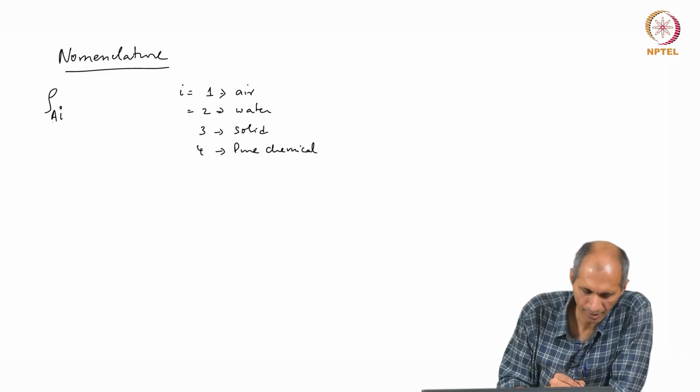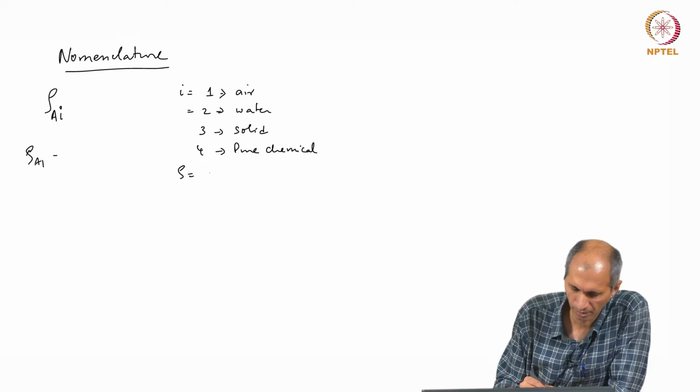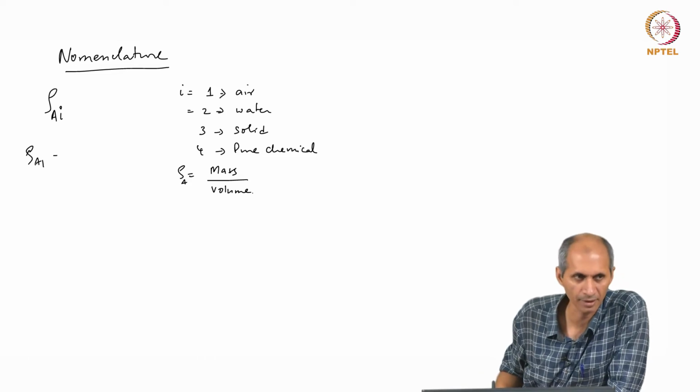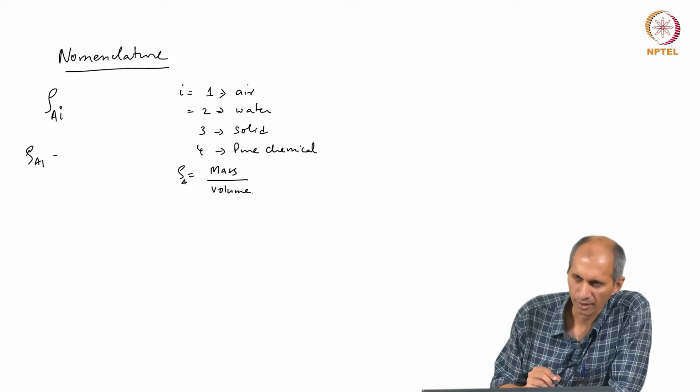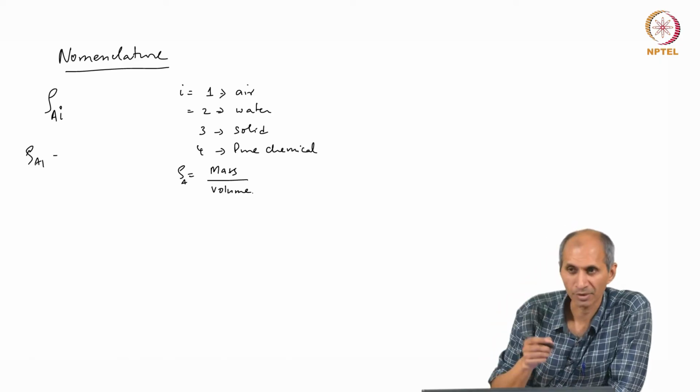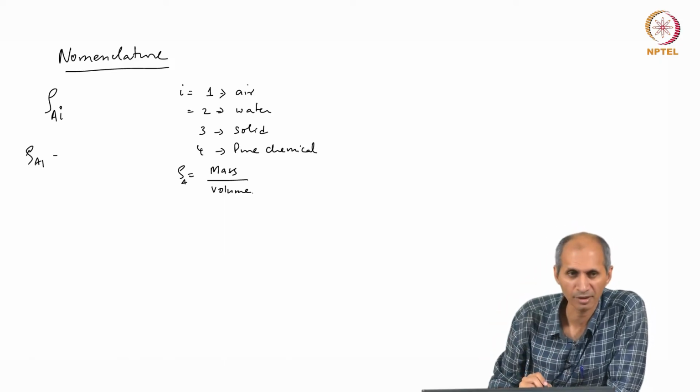So if I write rho A1, rho of A is mass by volume. It is a density unit, mass concentration or density. Rho is a symbol for density anyway. In chemical engineering terminologies, we use C. C is concentration in terms of moles per meter cube, that is the convention.